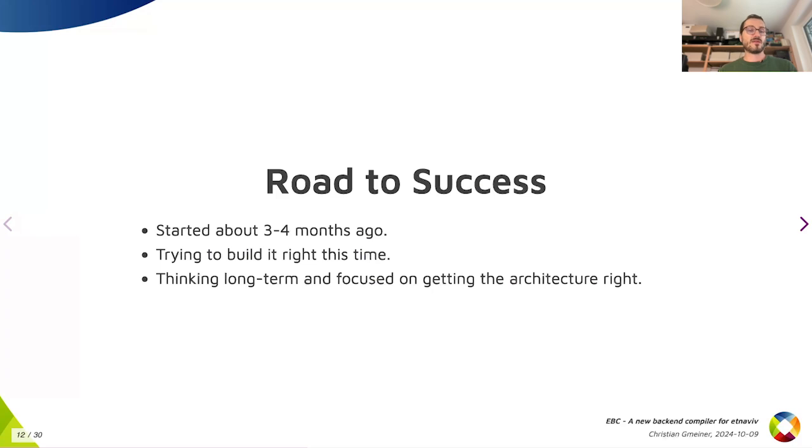The etnaviv backend compiler, or shortly EBC, started about 3 to 4 months ago. This time I'm focusing on building it with a strong foundation and a long-term vision. Instead of rushing to get quick results, I want to ensure that the architecture is solid and flexible enough for future extensions.